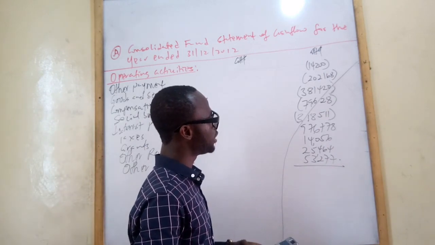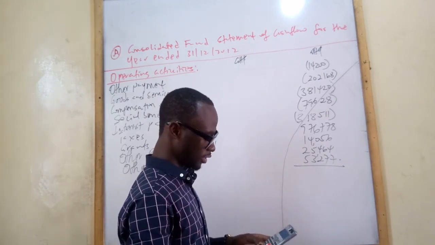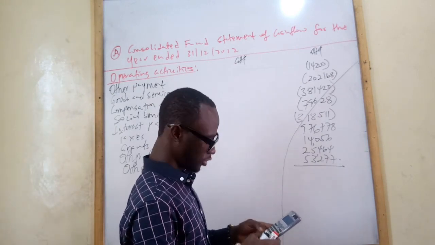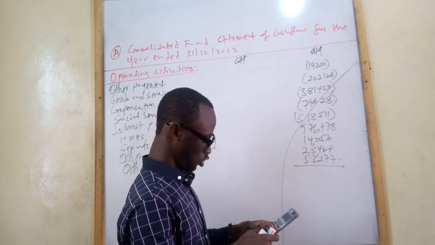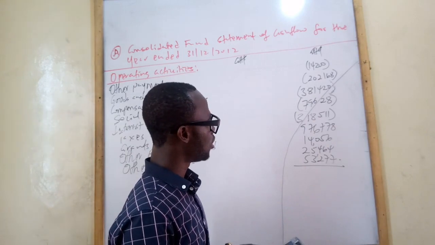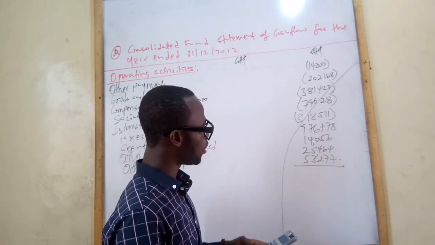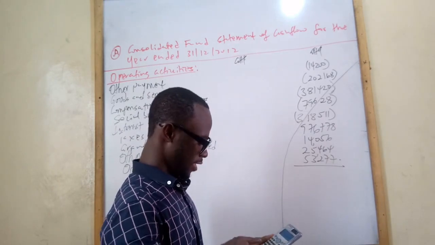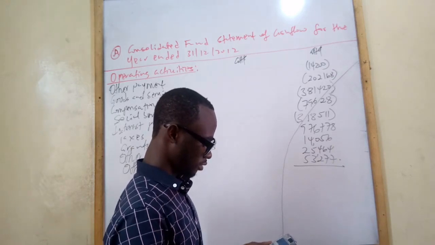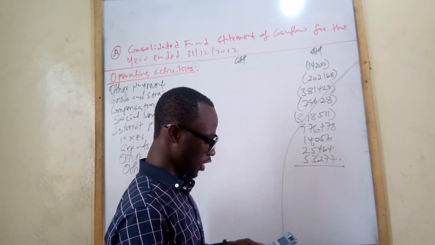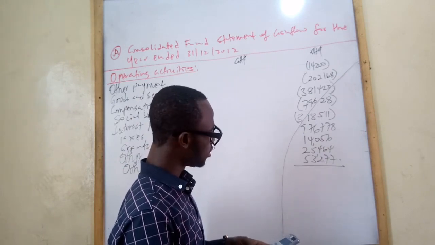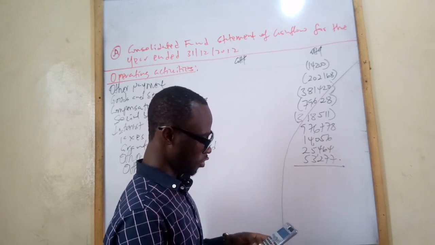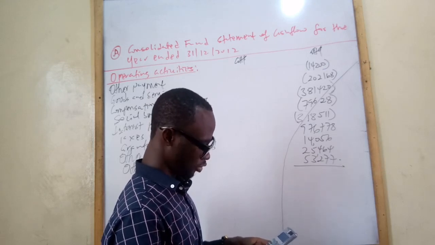So minus 14,200 minus 202,168 minus 381,420 minus 79,628 minus 318,511 plus 976,778 plus 14,056 plus 25,464 plus 53,277.